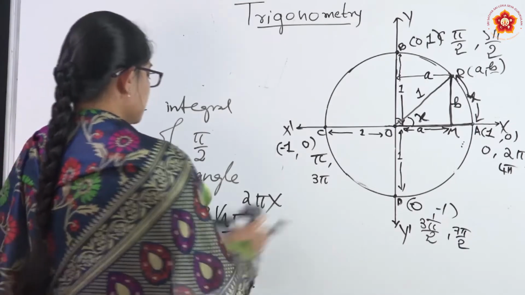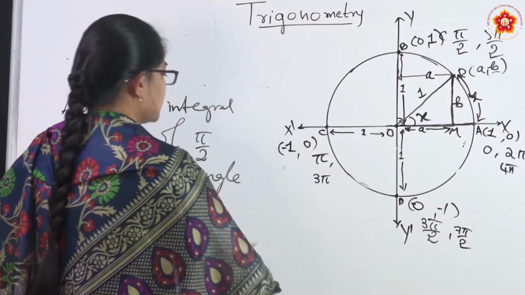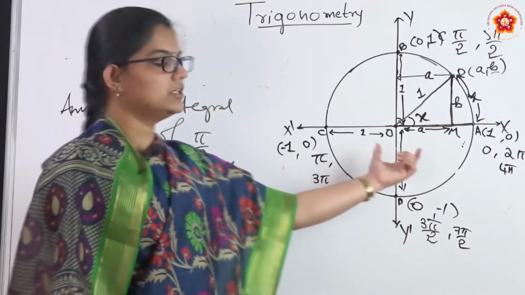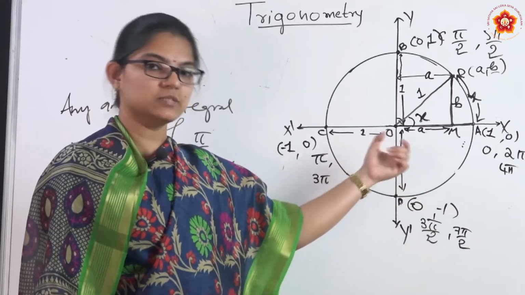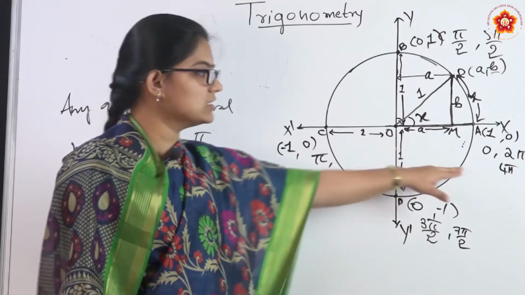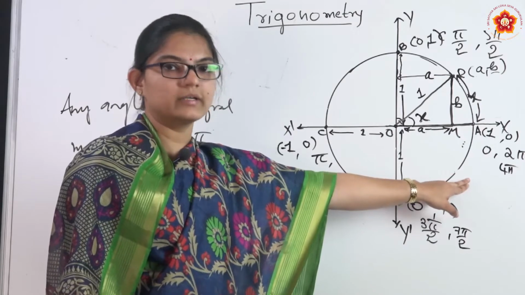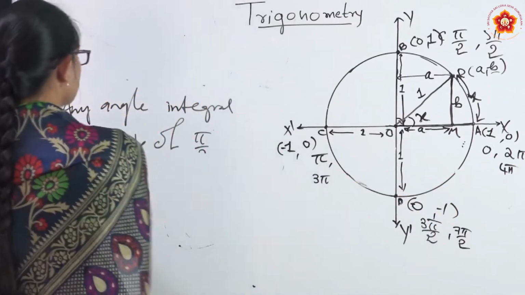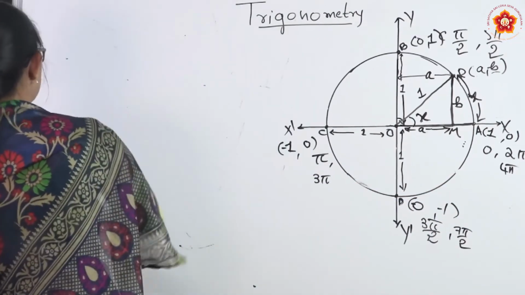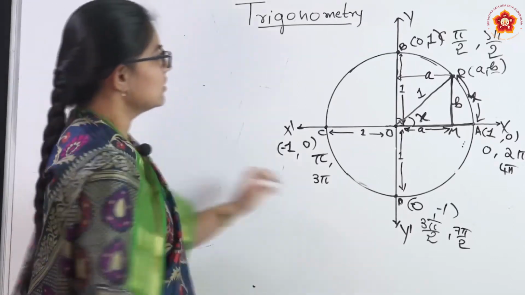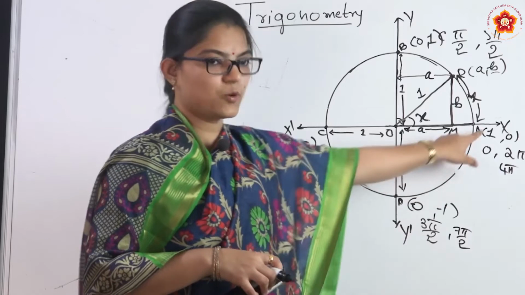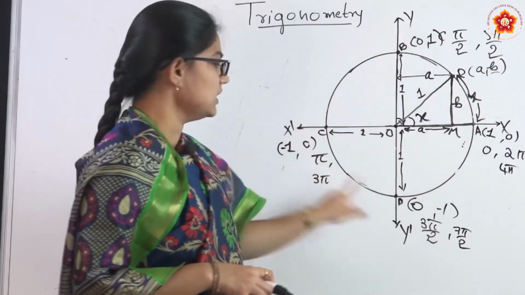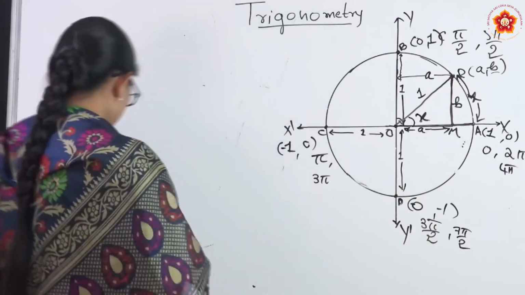So likewise, if you are able to express any angle as a multiple of pi by 2, it must be an integer multiple of pi by 2, such angles we can call a quadrantal angle. So let us find out the cos x and sin x values for the quadrantal angles, and we see here all the quadrantal angles we can find at these points, that is A, B, C and D, okay.